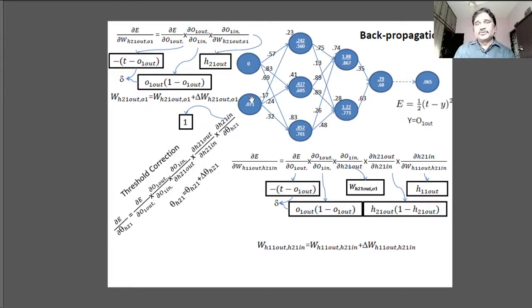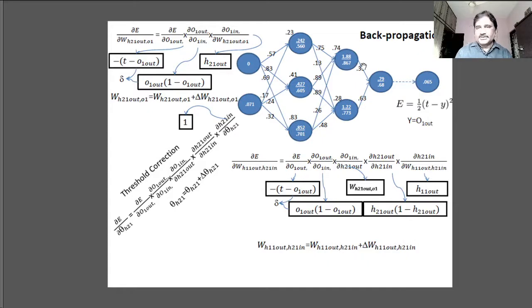So that is how the back propagation is carried out for correcting the weights, and weights are corrected by this: new weight will be equal to old weight plus the correction which you have got in each of the weights. Now finally what remains is the threshold also is to be corrected.